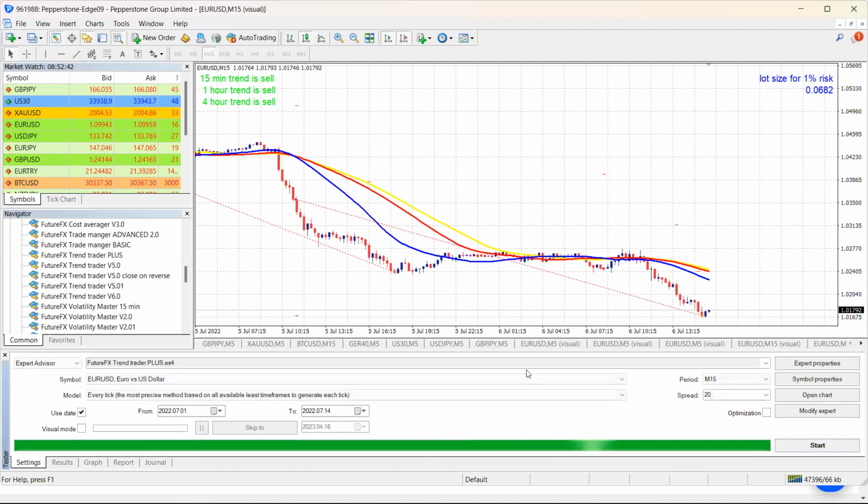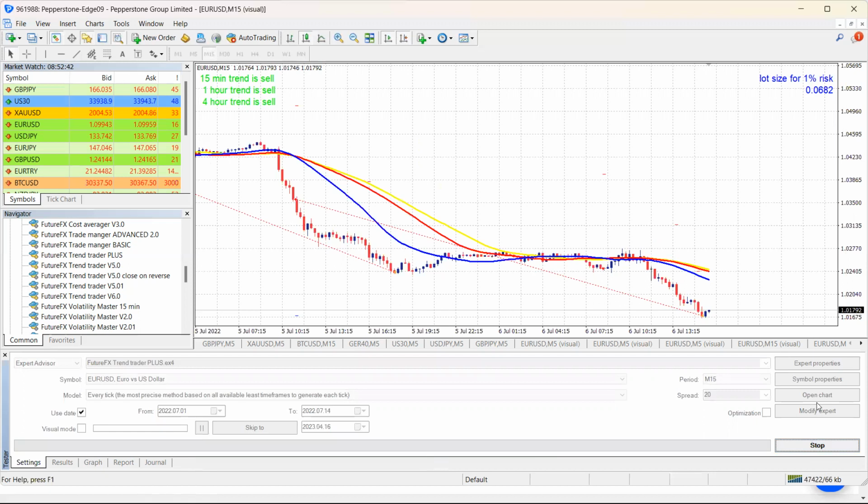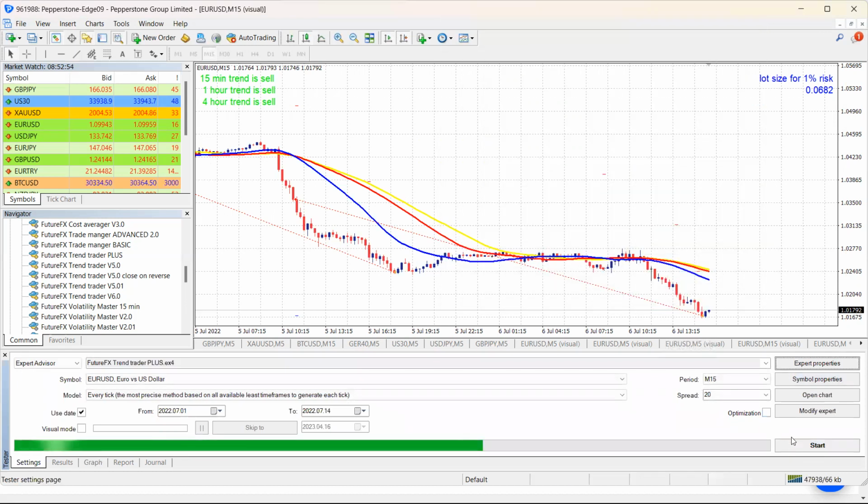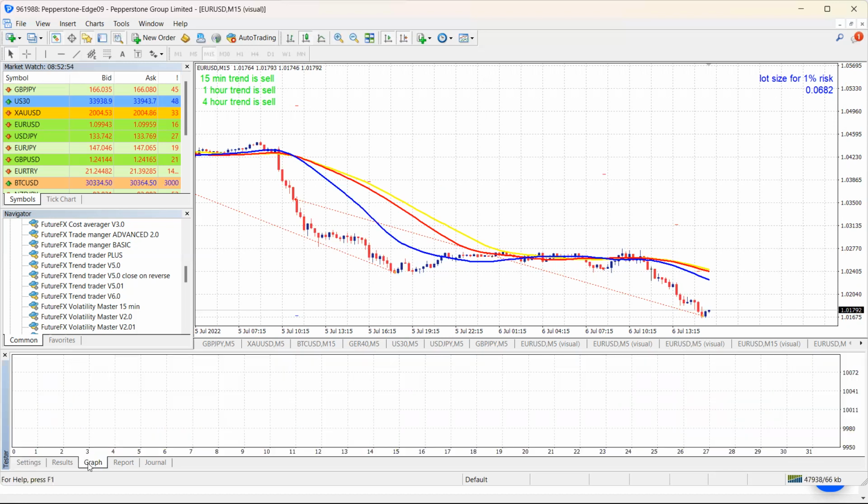Actually, what I wanted to do first: in the expert settings, max trades per pair, I'll change that to 1. So this is exactly how the older version would play out. We'll just quickly do this one first.